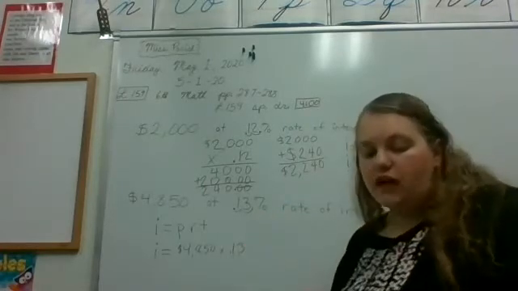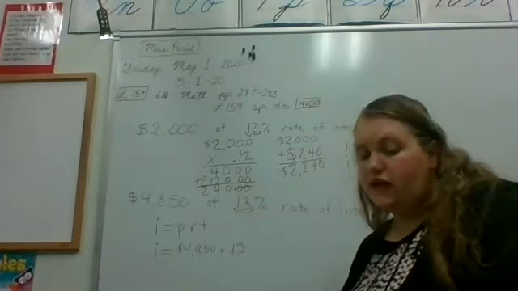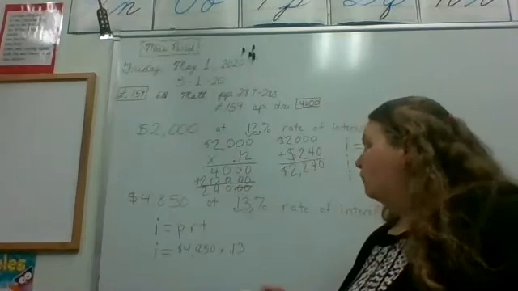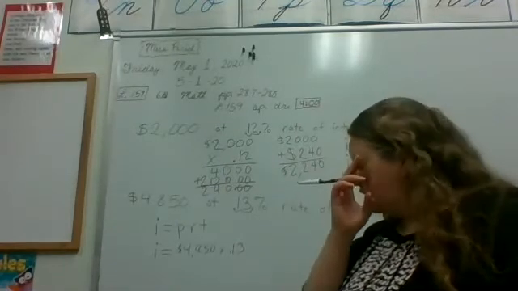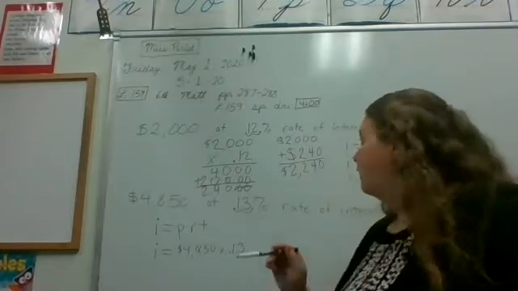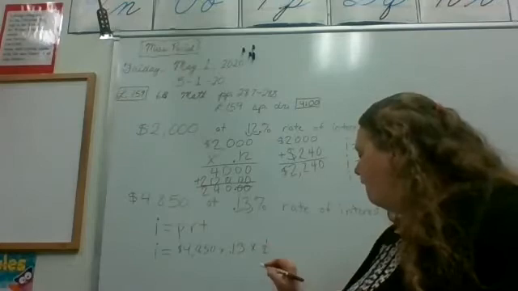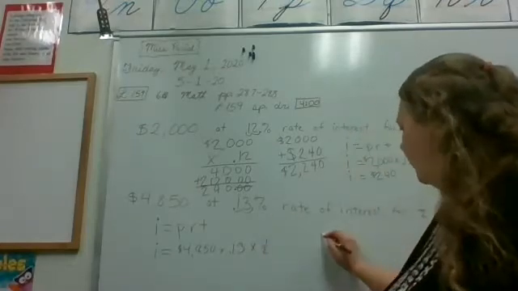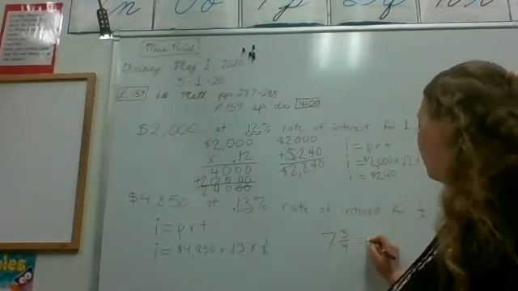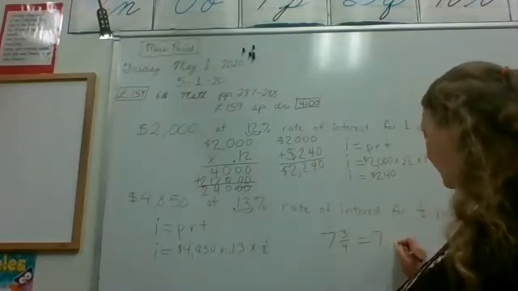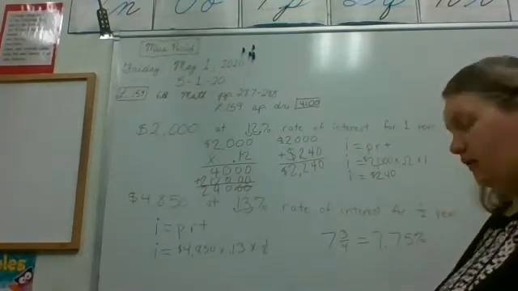0.13. Sometimes you'll have like 7.5%, 7.75%. You're gonna have to make the fraction a decimal first, so like if it were 7 3/4, like what we had to begin with, we would do 7.75, and it's still a percent right there.